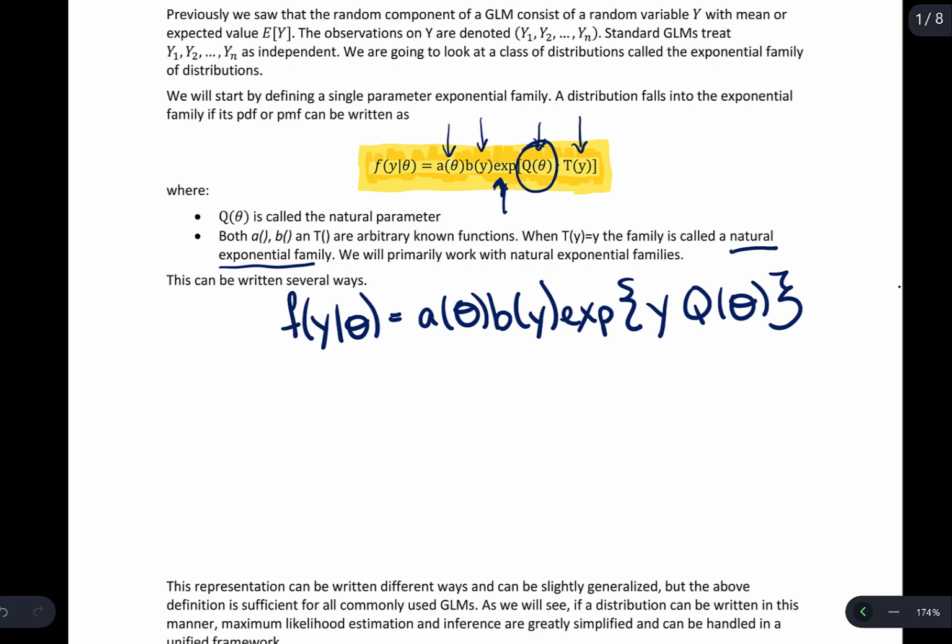Notice that the function of y has just been replaced with y itself. Again, this is what we call a natural exponential family. These are really common to work with. Having the t of y there just makes it even more flexible.